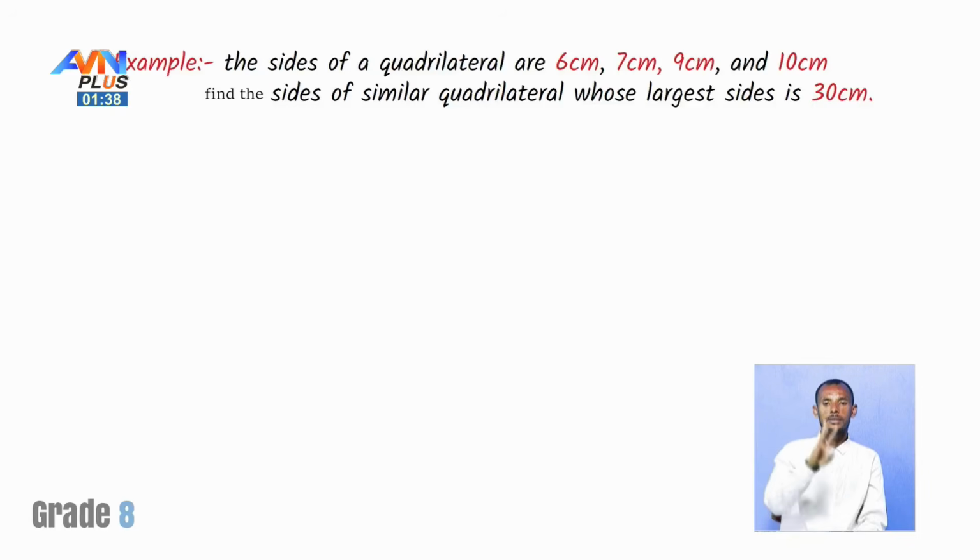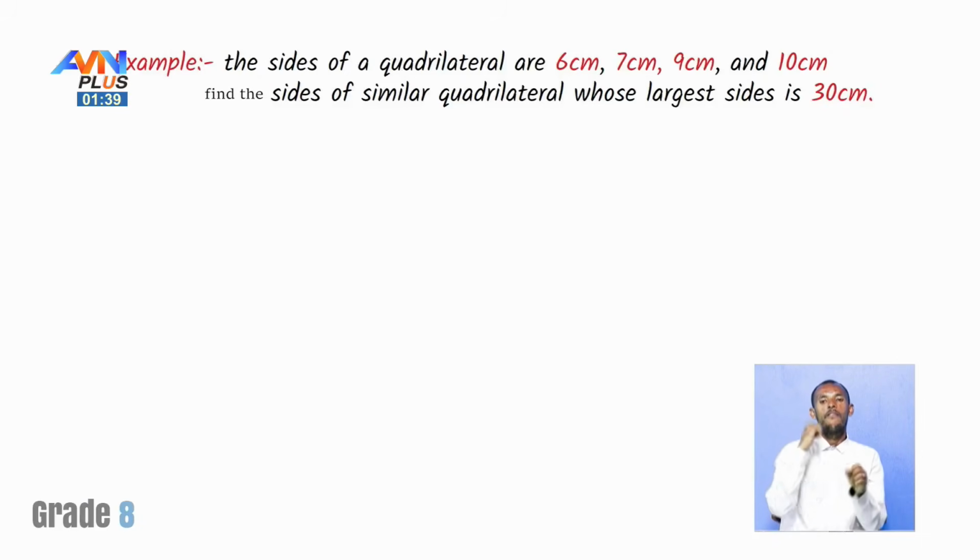Six centimeter, 7 centimeter, 9 centimeter, and 10 centimeter. The sides of a certain quadrilateral are given, 6, 7, 9, and 10 centimeter respectively.